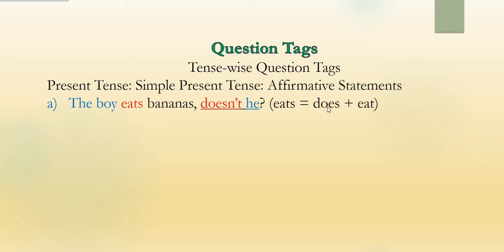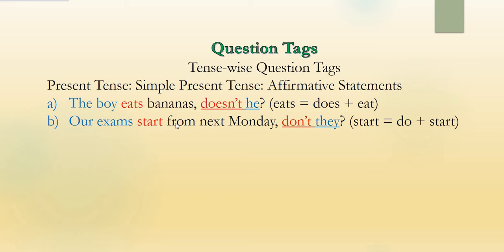Eats becomes does plus eat. Our exams start from next Monday. We use start because our exams is plural, so we have to use the plural form of the verb. When we break this into its auxiliary and root verb, we get do plus start, and our exams becomes they.